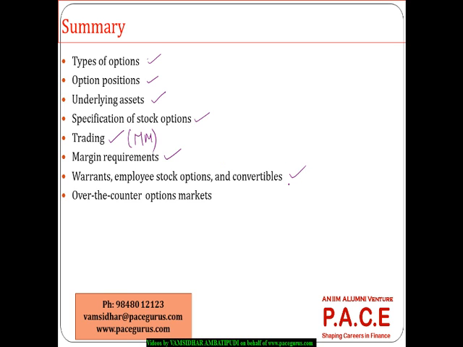Towards the end, we had a small understanding of the different kinds of options that are initiated by the companies, like warrants, ESOPs, convertibles. And finally, we had a quick glance at options that are trading in over the counter markets.